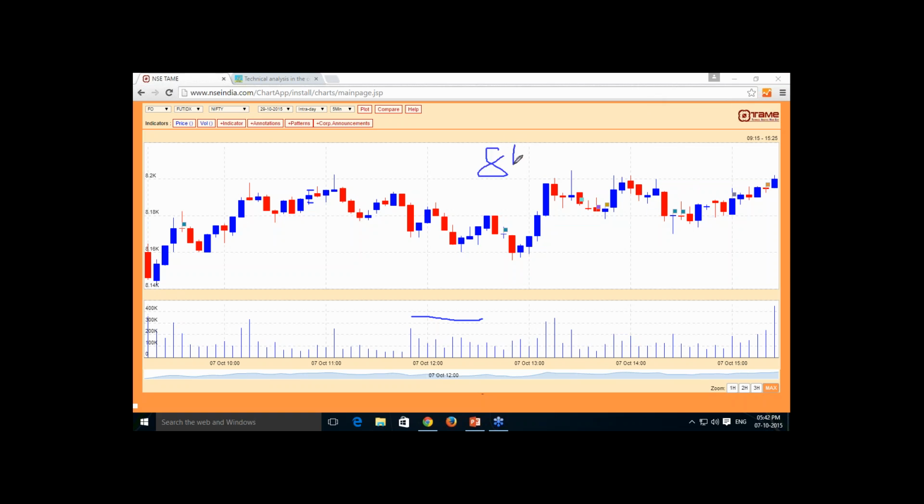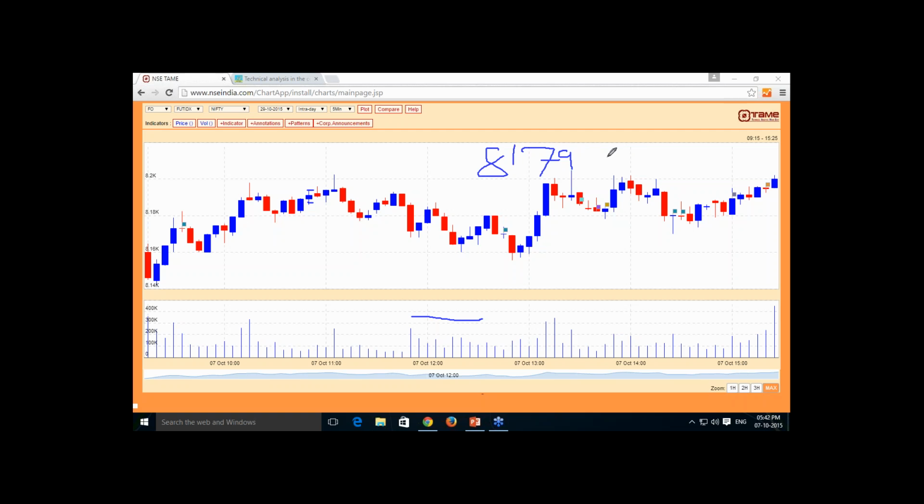Based on this pattern, below 8179 you can sell. Here 6 points into 1.236 retracement; so you can take some 7 points from here.